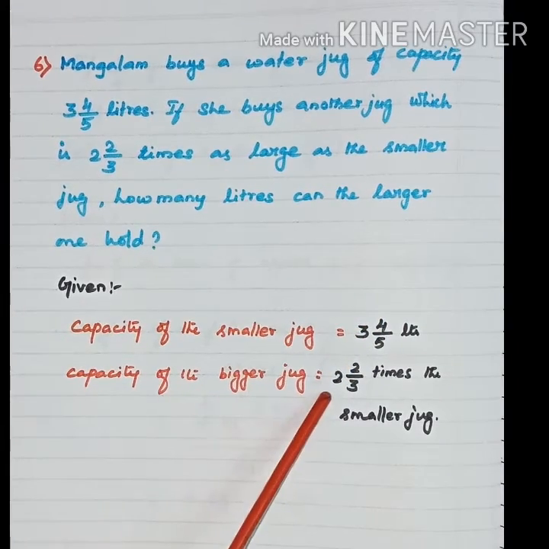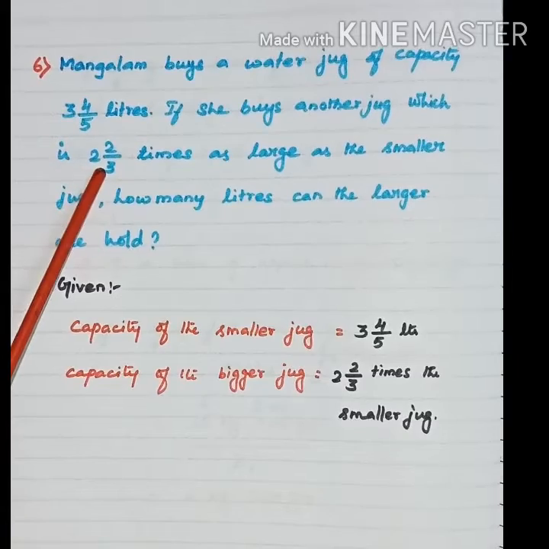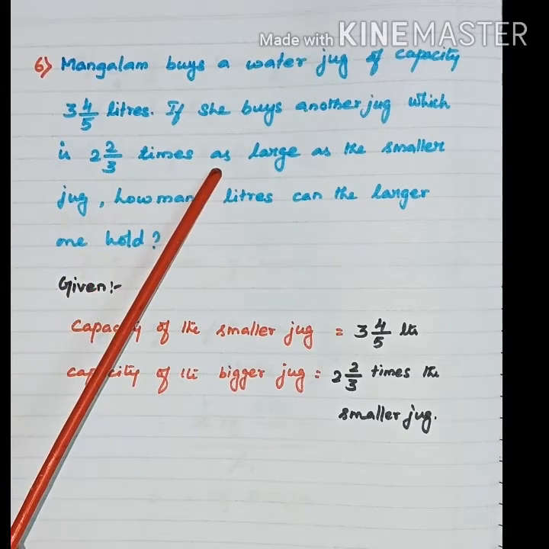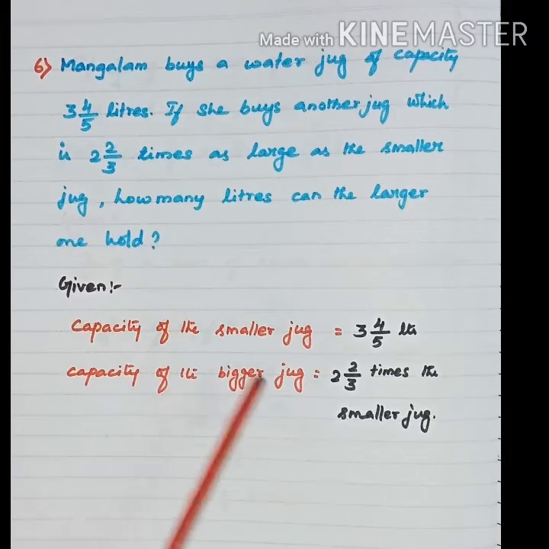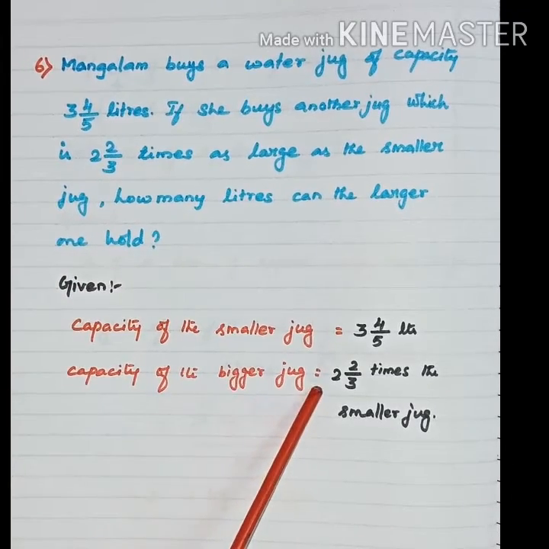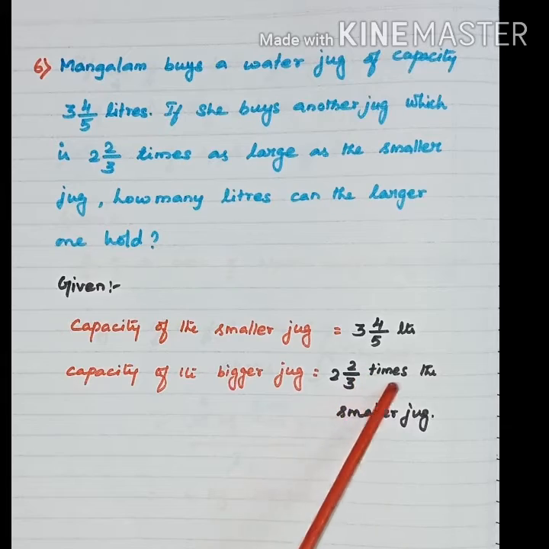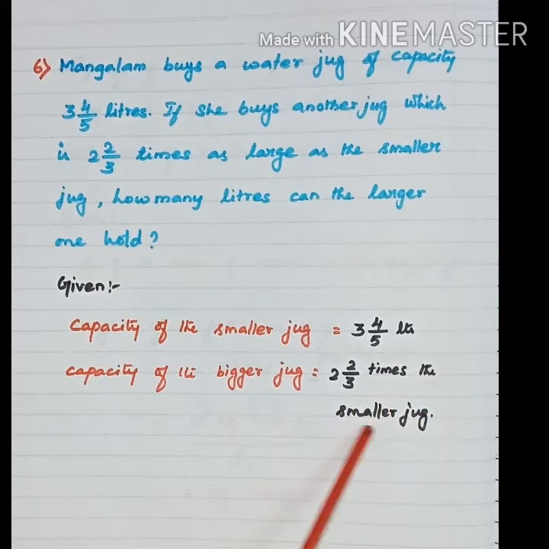Capacity of the bigger jug is equal to 2 2/3 times the smaller jug.